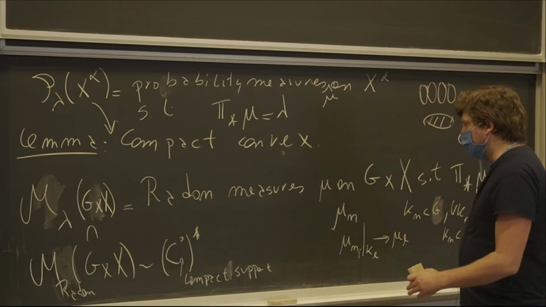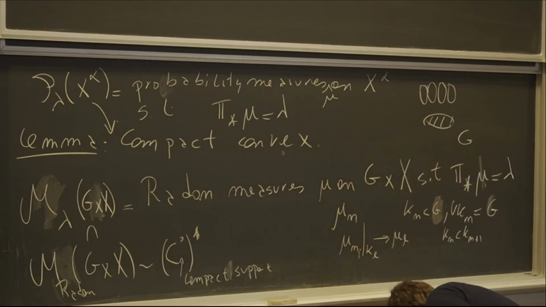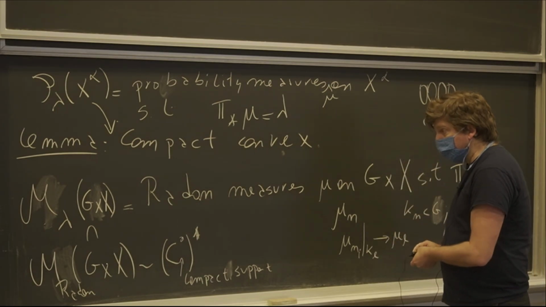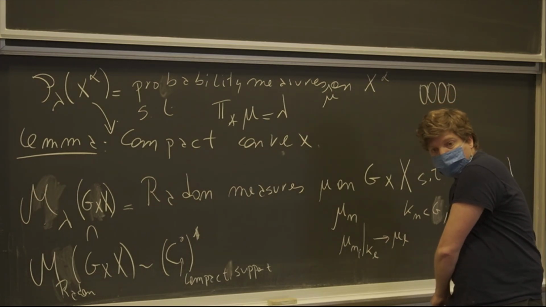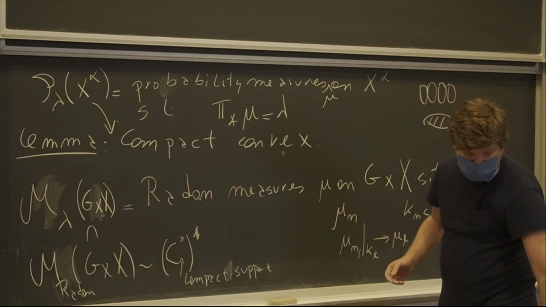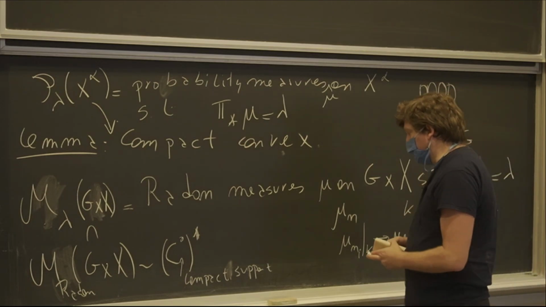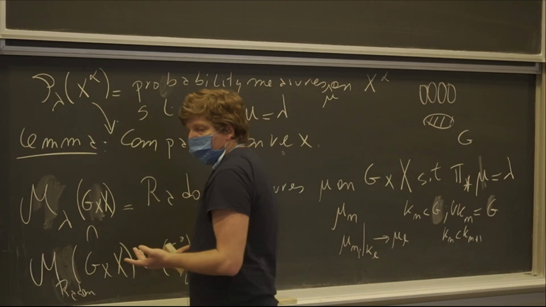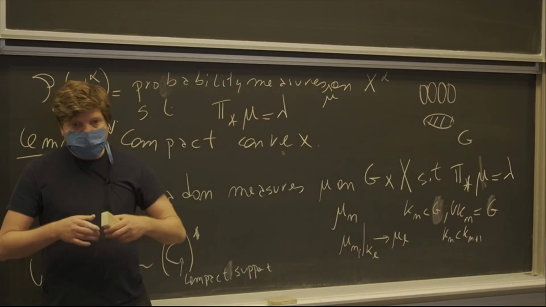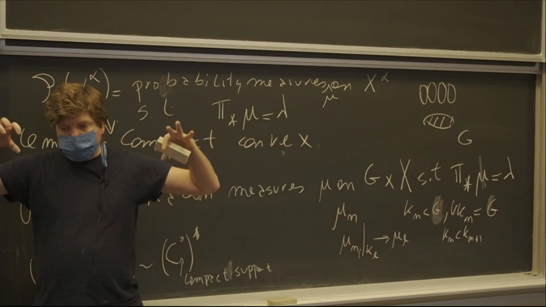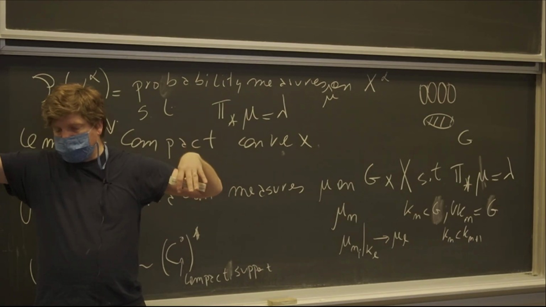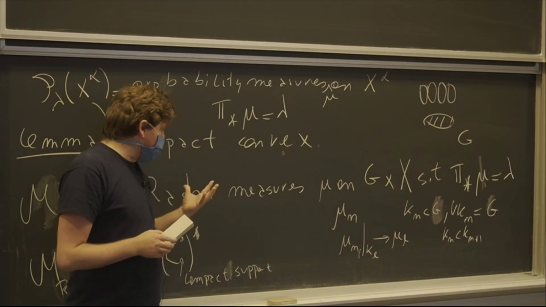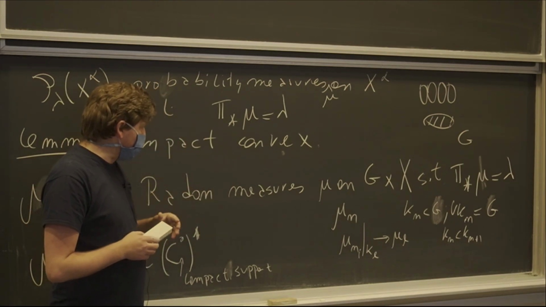So in general, you don't have this nice compactness on the space of Radon measures, because the most important problem is what is called the escape of mass. When you are in Radon measures, the mass of the measure could go to infinity, and at the end you are losing measure. That's the big problem when you deal with Radon measures.